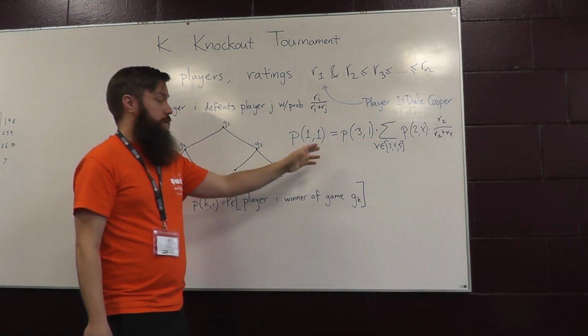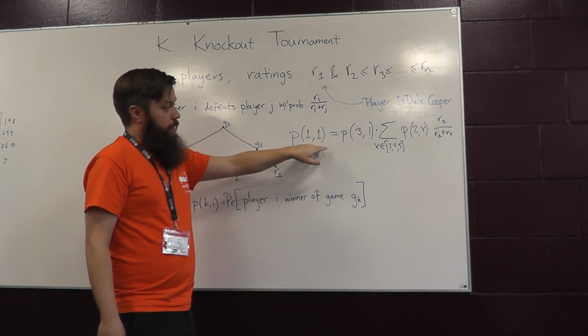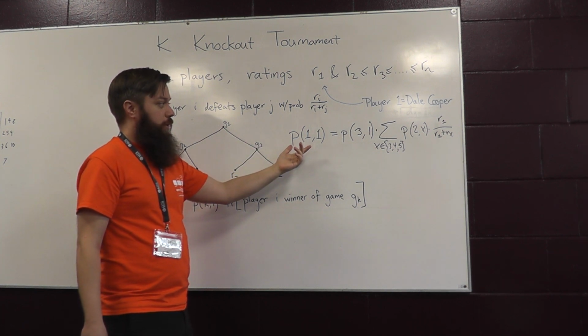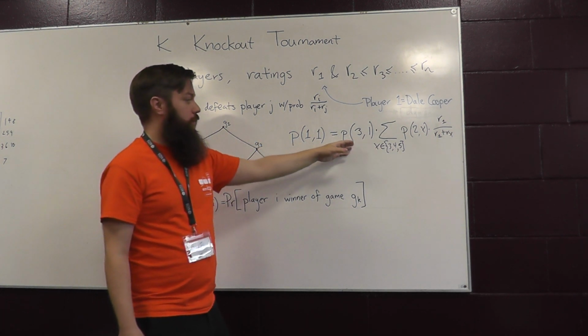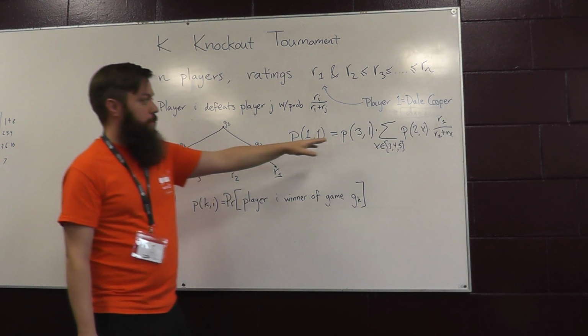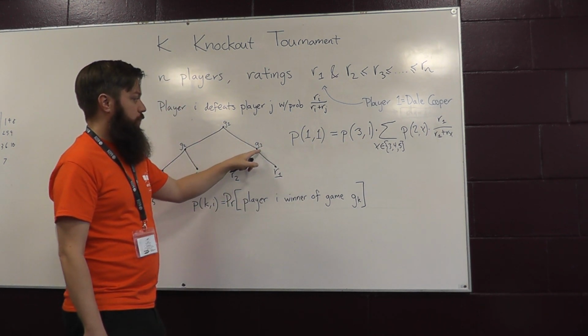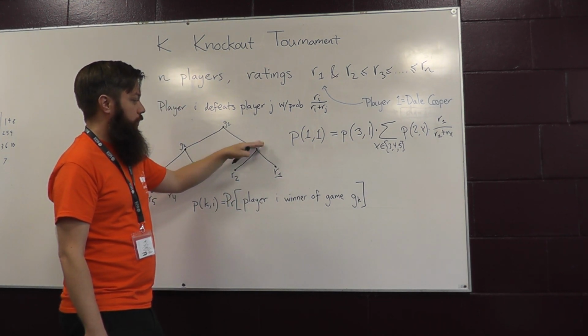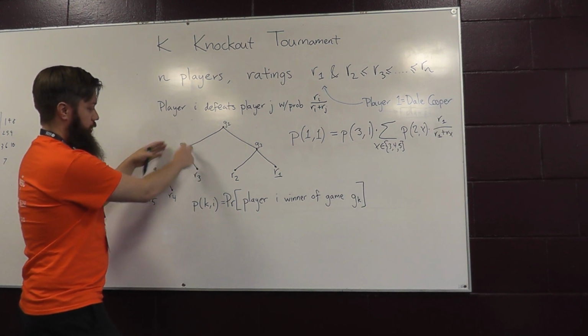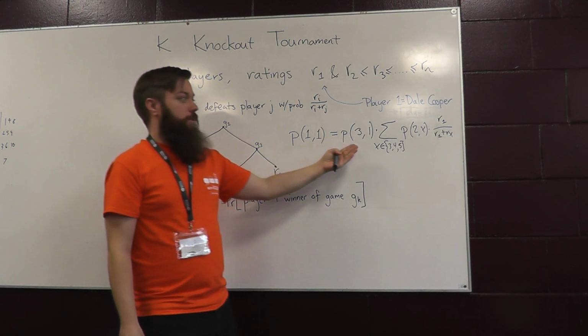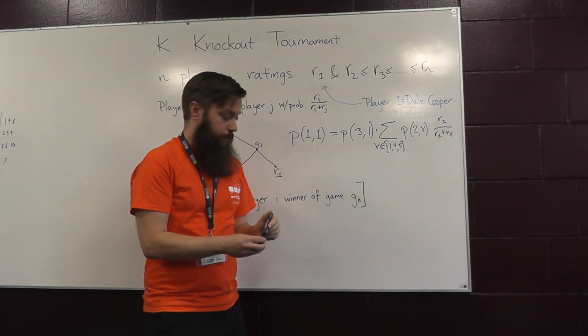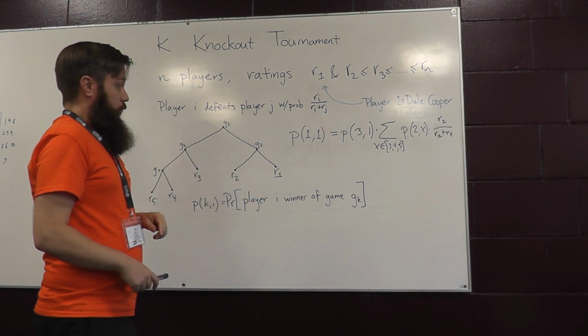Now we have a formula for what we're after, and this gives a recurrence. The subproblems are similar probabilities for this game tree and for this game tree, and we get similar recurrences.